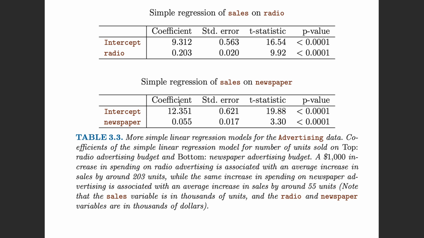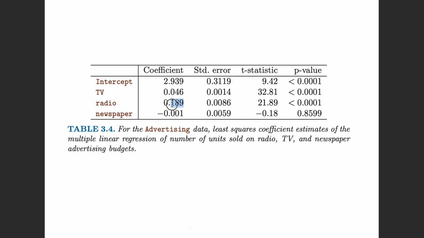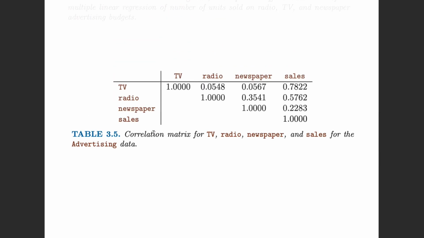As we can see, for radio the coefficient doesn't change significantly, but for newspaper it changes significantly, and we know that radio and newspaper are correlated. So what does that reveal? It reveals a tendency to spend more on newspaper advertising in markets where more is spent on radio.